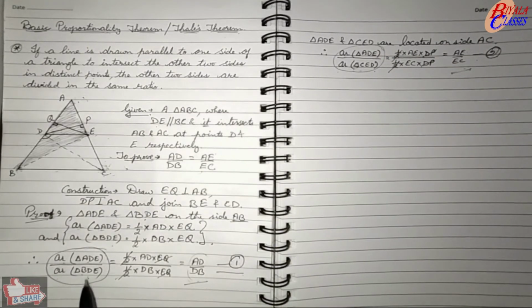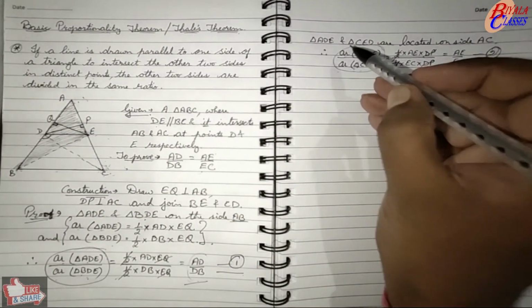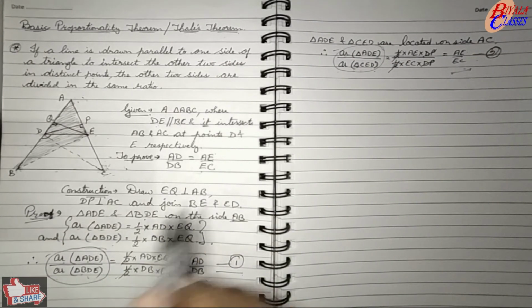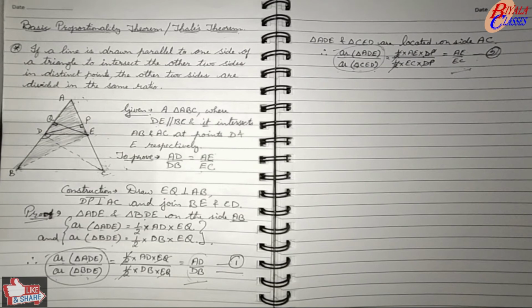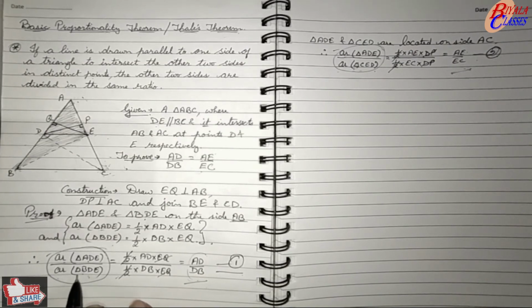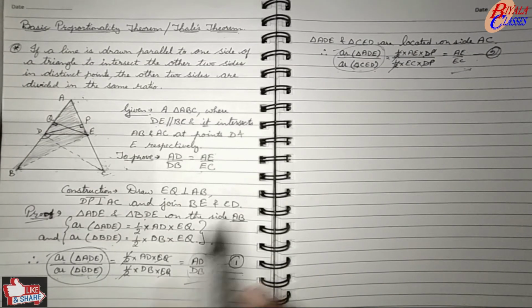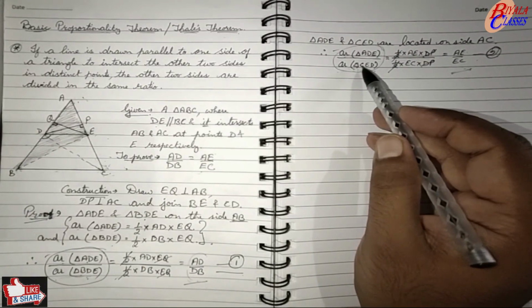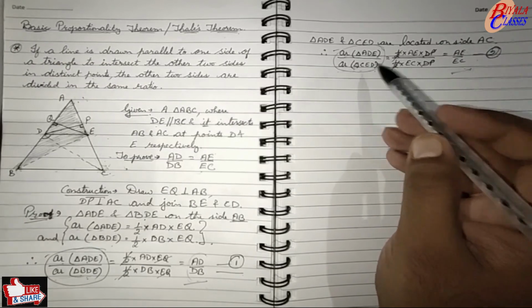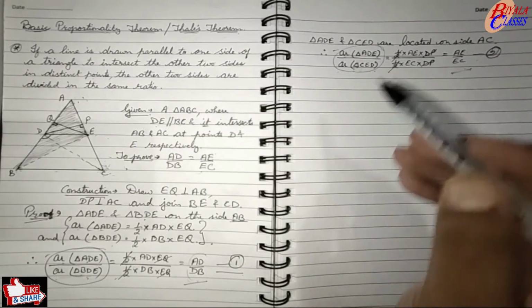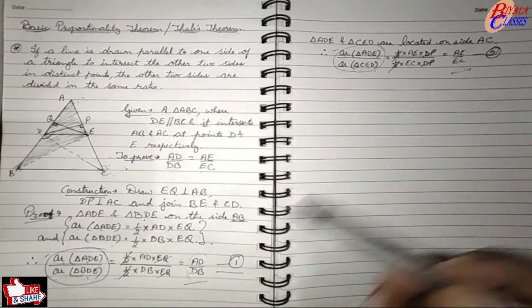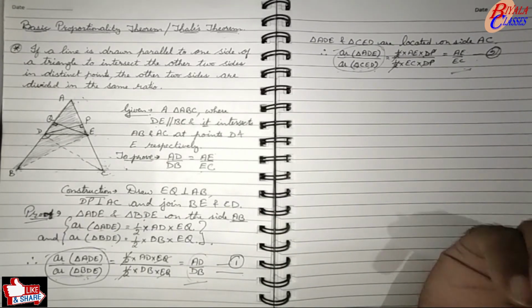In these two left hand sides, the numerator is equal because it contains the same triangle ADE, but the denominators, the area of triangle BDE and the area of triangle CED, are different. So now our motive is to prove that the denominators are also equal, so that the right hand sides can be proved equal.